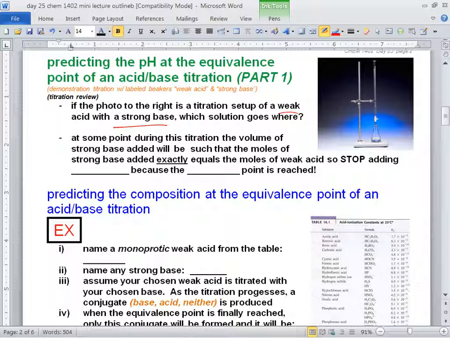Where does the strong base solution go? The base goes in the burette, exactly. So there's where my strong base will go, because when you're titrating something with, that's the strong base. So my weak acid will go down here.